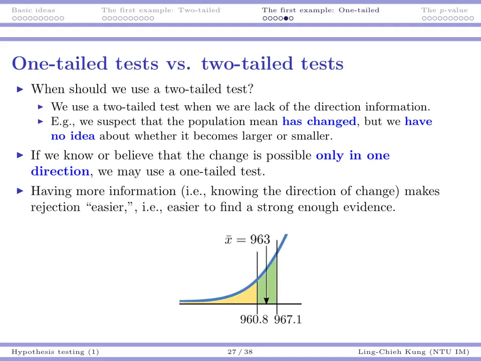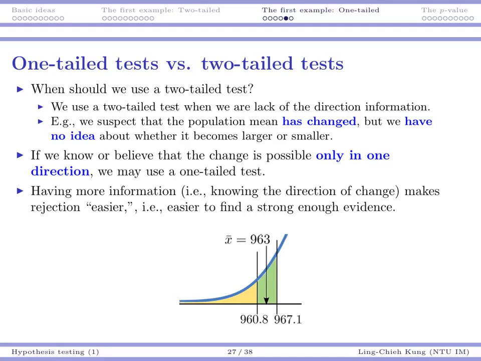For example, probably we got some signal that the population mean has changed, but we have no idea whether it becomes larger or smaller. In that case, we should just use a two-tailed test because we have no idea whether to test if it is too small or too large.